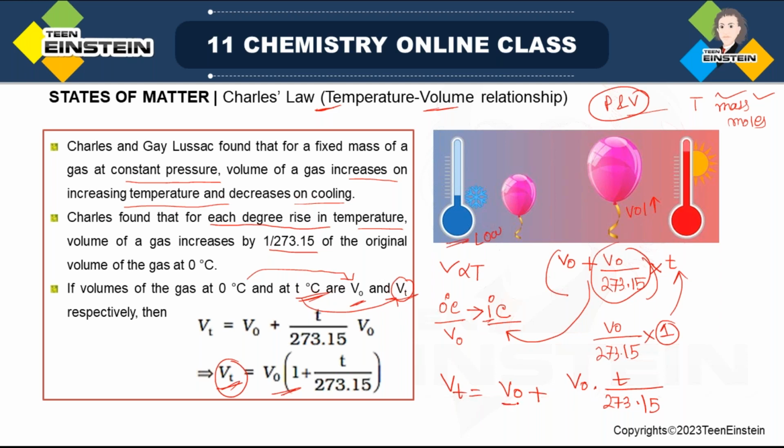But V0 you can take common, so inside the bracket we have V0 into 1 plus T divided by 273.15.